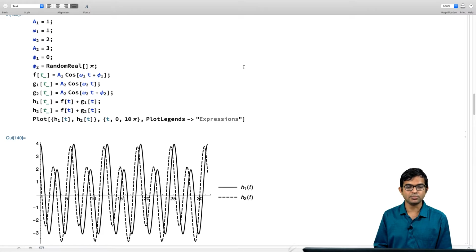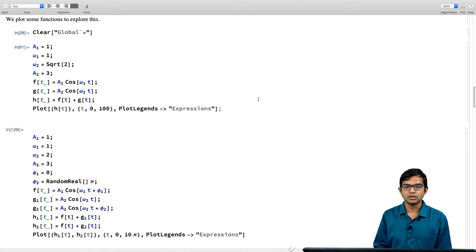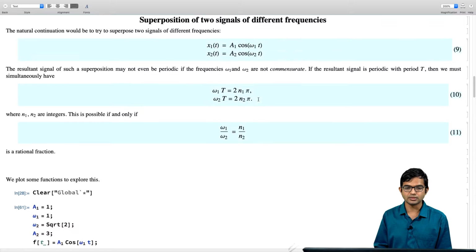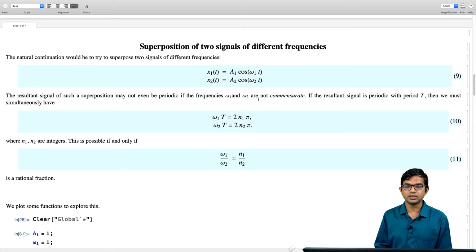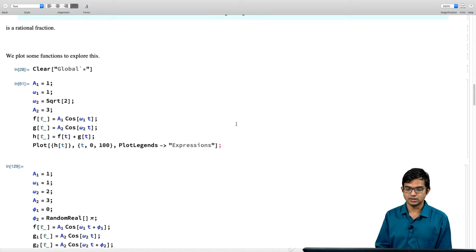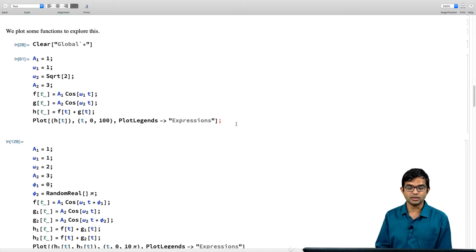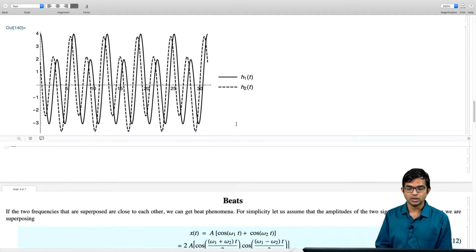And so the key message from this game that we just played is that if there are two signals with different frequencies that we are trying to superpose, the only thing that really counts is the ratio omega 1 by omega 2. If it's a rational fraction, then for sure you'll get an overall function which is periodic, regardless of the relative phases. Else you won't get it. Doesn't matter what the phases are doing.